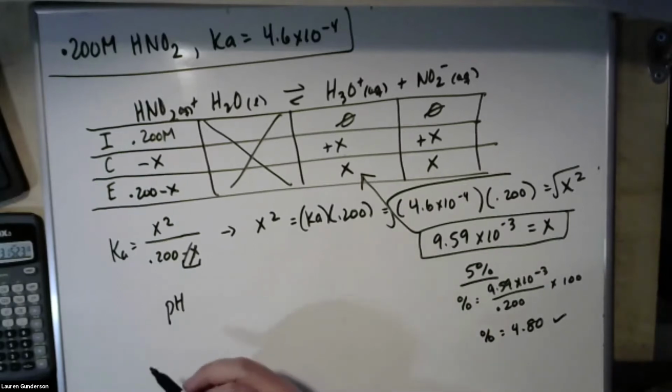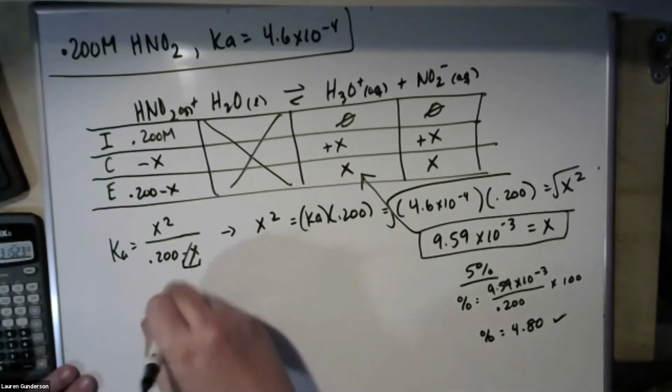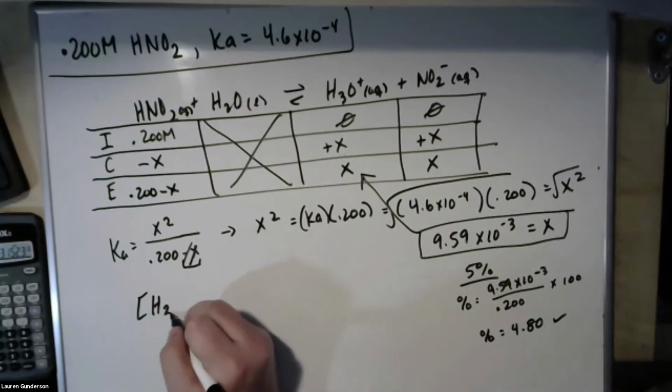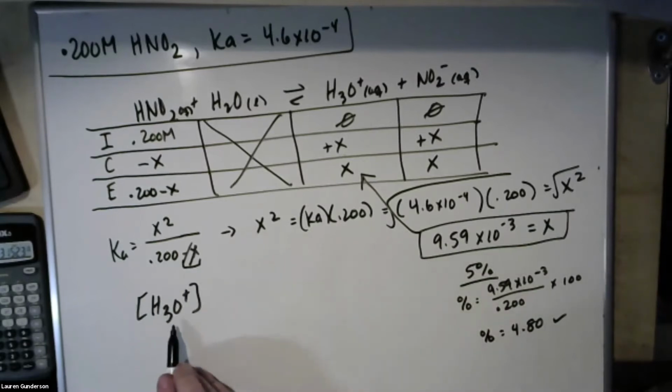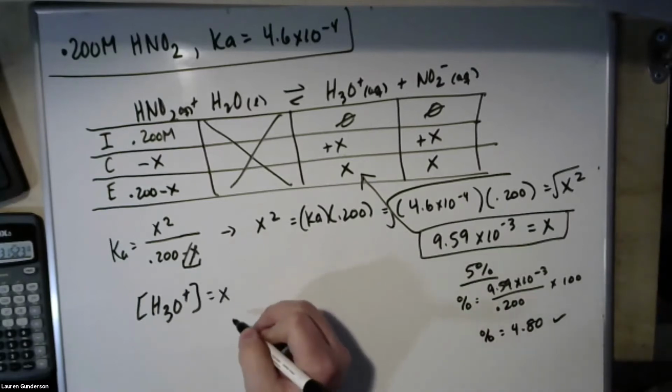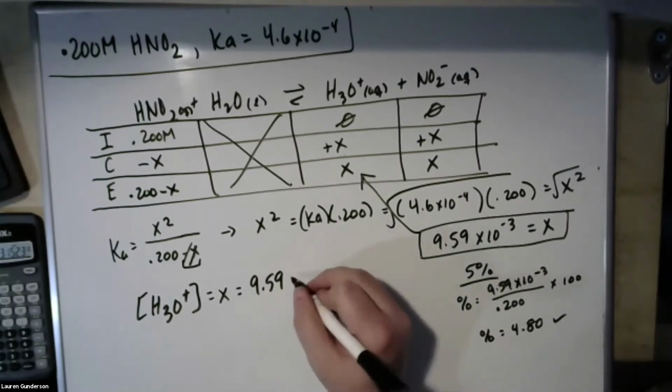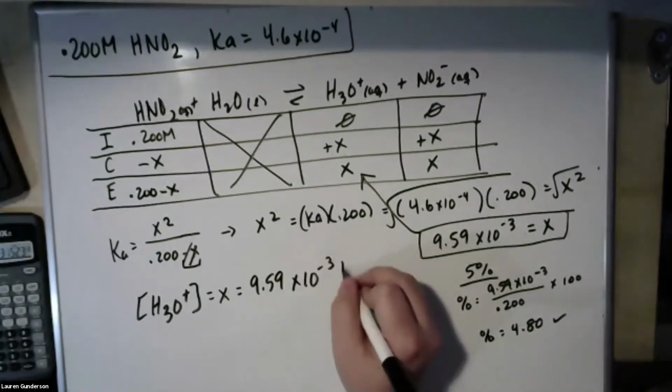So from there, well, let's rewrite it properly. So we know now that our H3O plus concentration is going to be equal to our x value. So that'll equal 9.59 times 10 to the negative 3 molar.